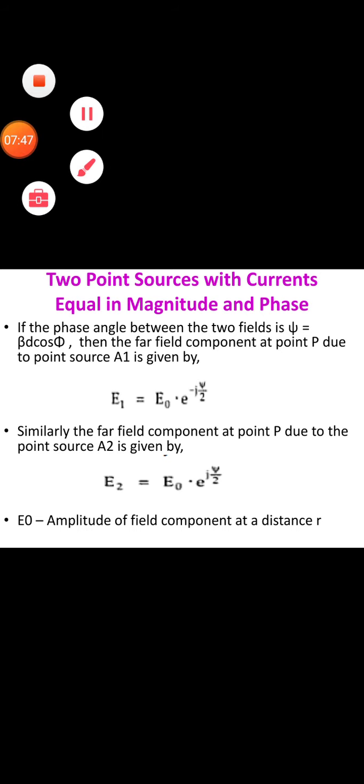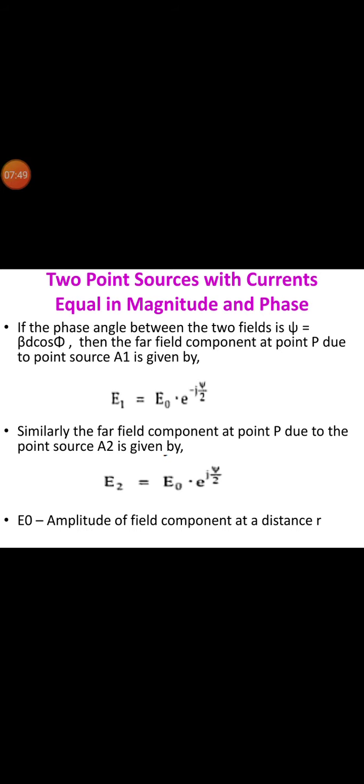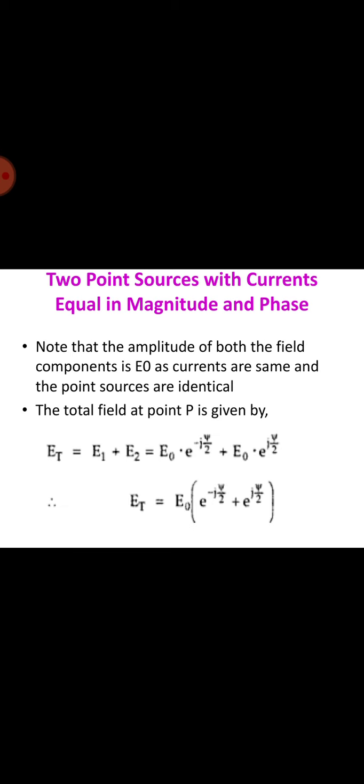Similarly, the far field component at point P due to point source A2 is given by E2 is equal to E0 into e power j psi by 2. E0 is the amplitude of the field component at a distance r.